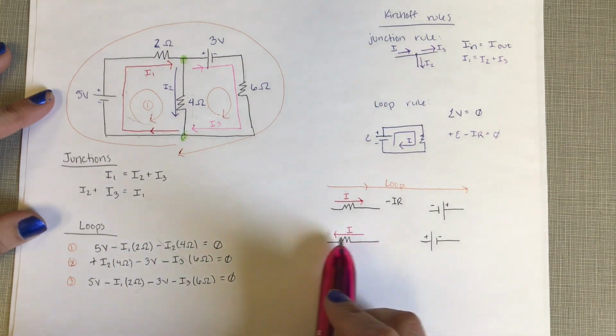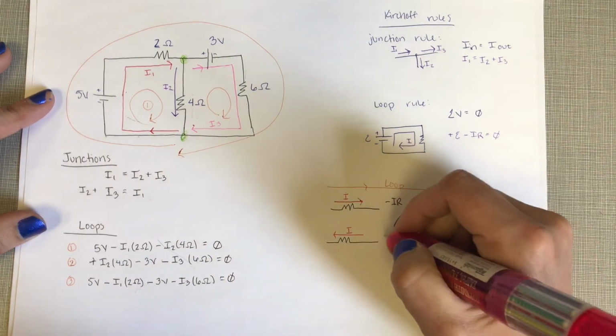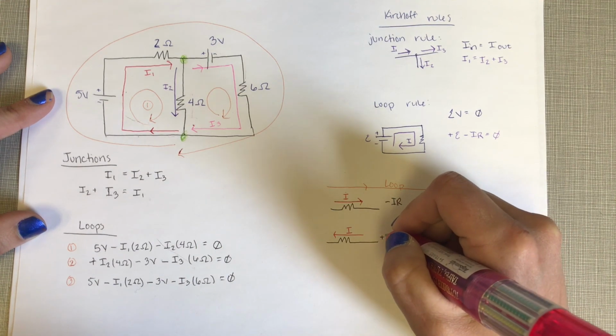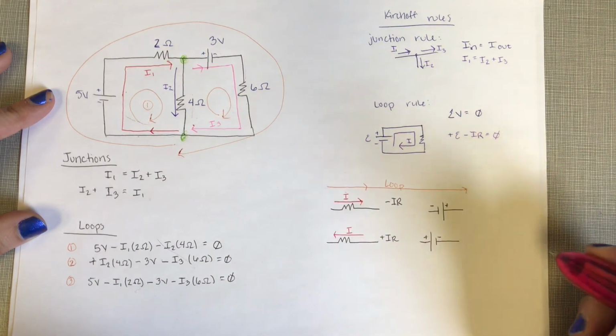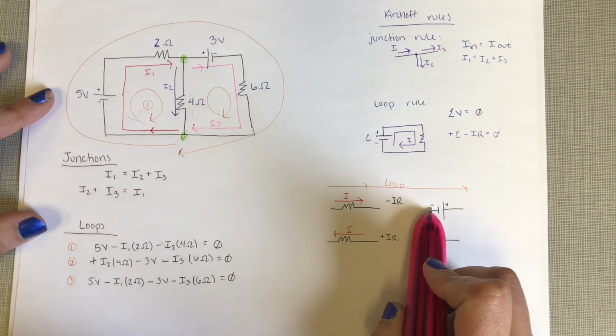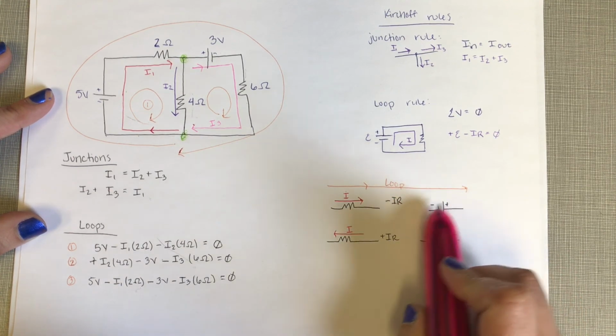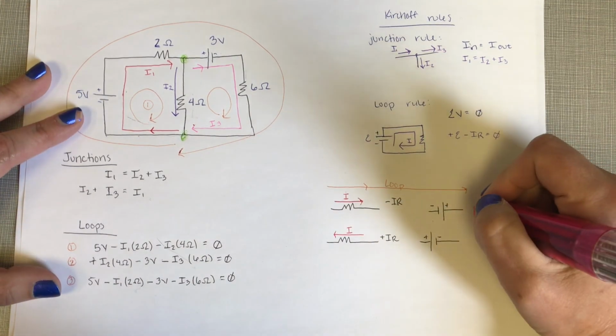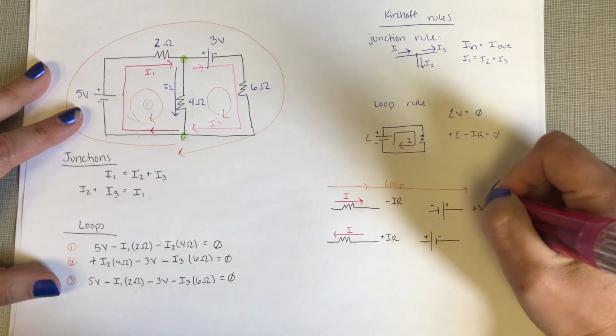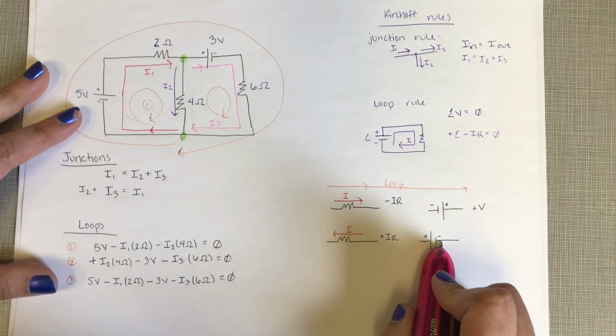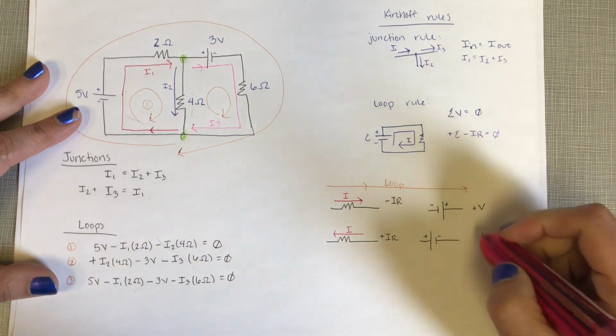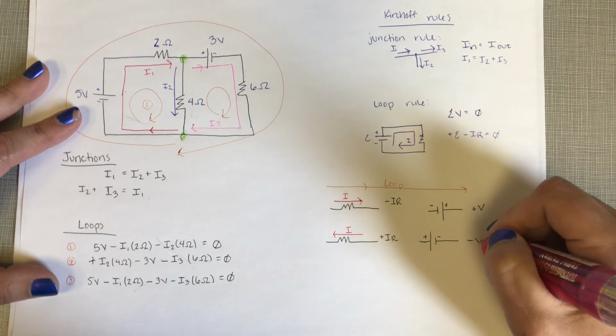If we're going against the current, that's going to be plus IR. And for our batteries, if we're going from minus to plus, that is a voltage boost, so that's plus V. And if we're going from plus to minus, that is a voltage drop, so that's minus V.